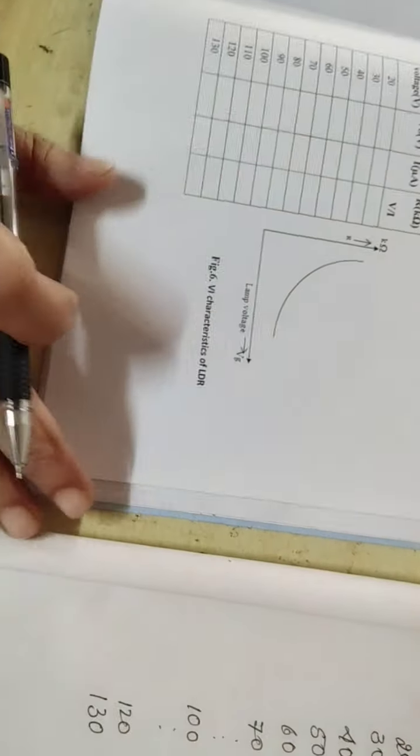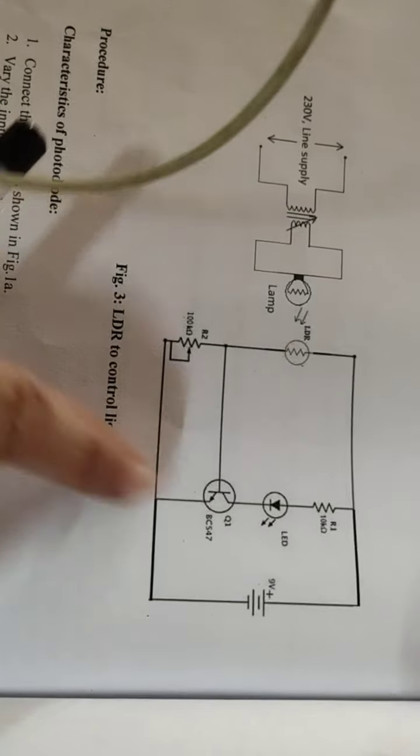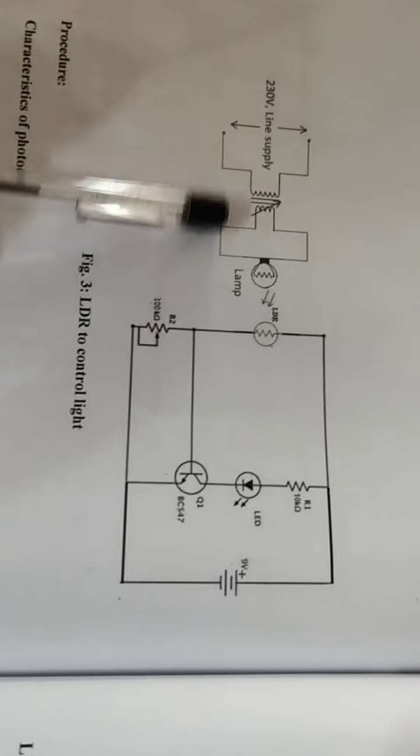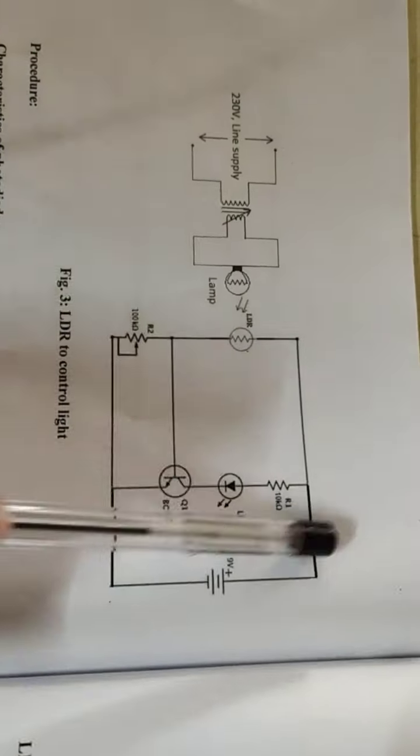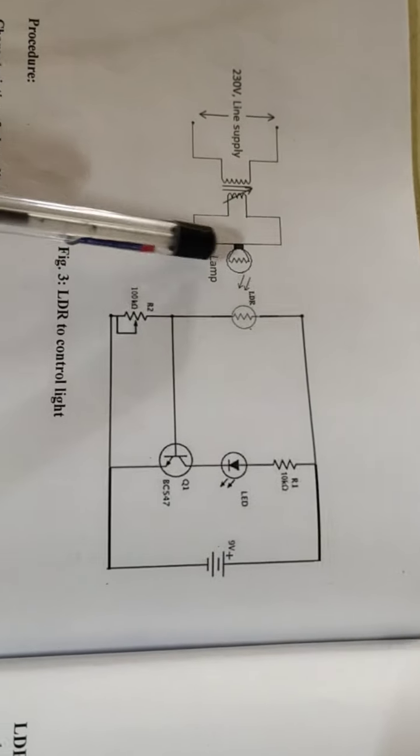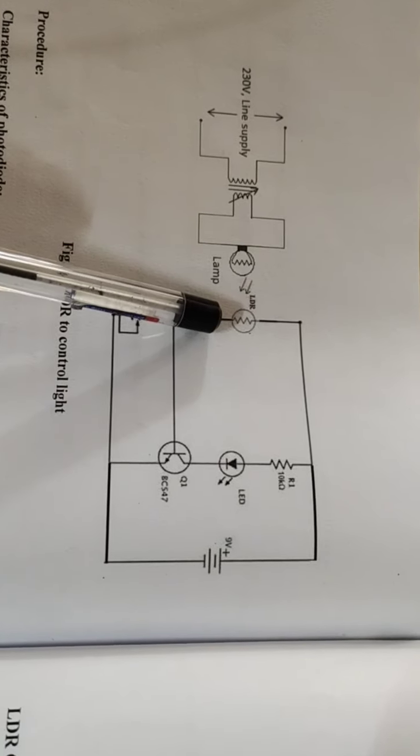The working of LDR I will explain in the live class. Okay, next moving on to LDR to control light. Okay, so that means what? Here taking this circuit, here lamp is there, lamp light will fall on LDR.